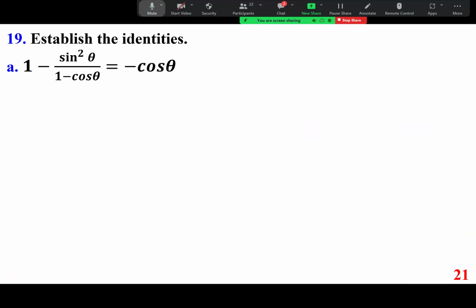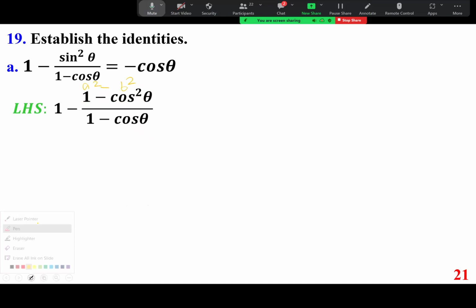We continue with establishing the identity: 1 minus sine squared over 1 minus cosine theta is minus cosine theta. We start with the more complicated side, the left-hand side. A couple of different approaches. One is to take a common denominator, and I will look at that in a moment, but you may notice this is a squared minus b squared, because 1 is 1 squared, 1 cubed, whatever you want it to be.